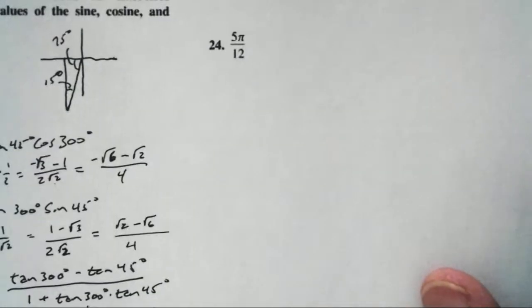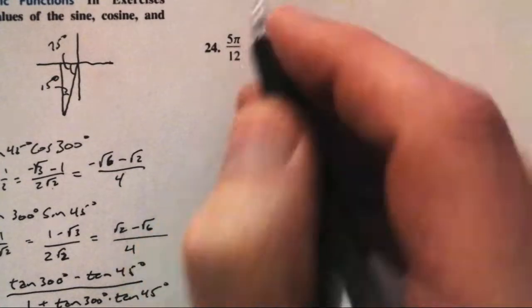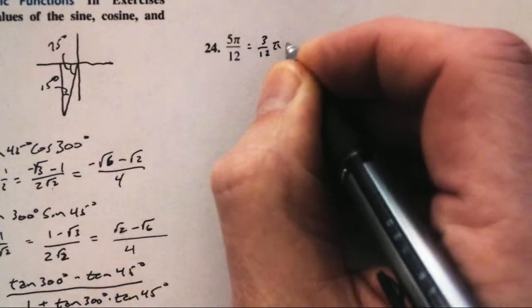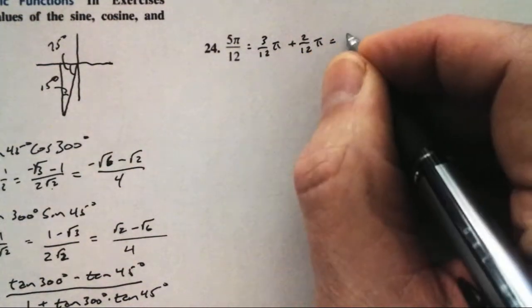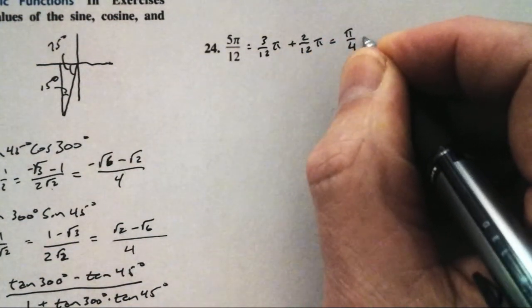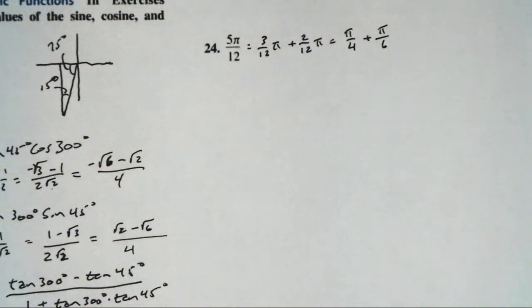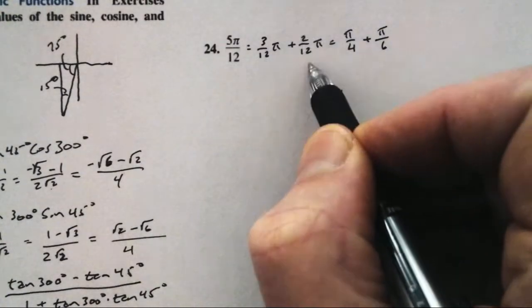Okay, 5/12. We can't find the exact value of 5/12, but 5/12 could be split into 3/12 pi plus 2/12 pi, which is pi on 4 plus pi on 6. 3/12 plus 2/12.